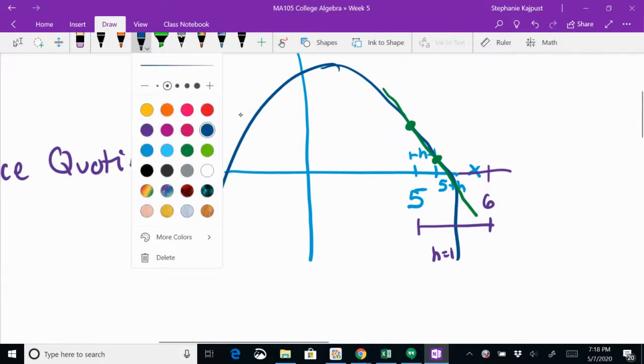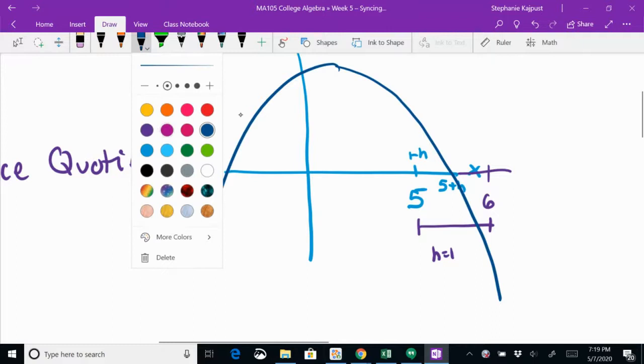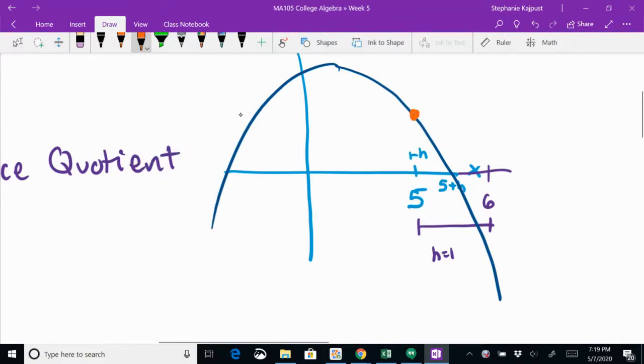So let's say I'm going to just erase these points, and let's say this is what my graph looks like. And at 5 we're up here, at 6 we're down here.